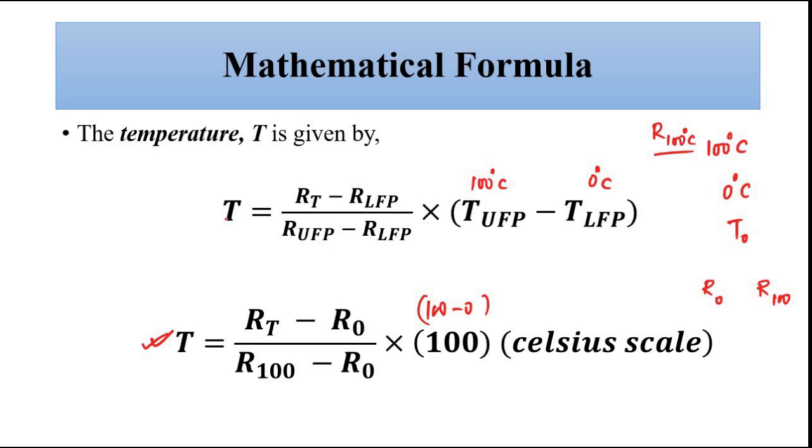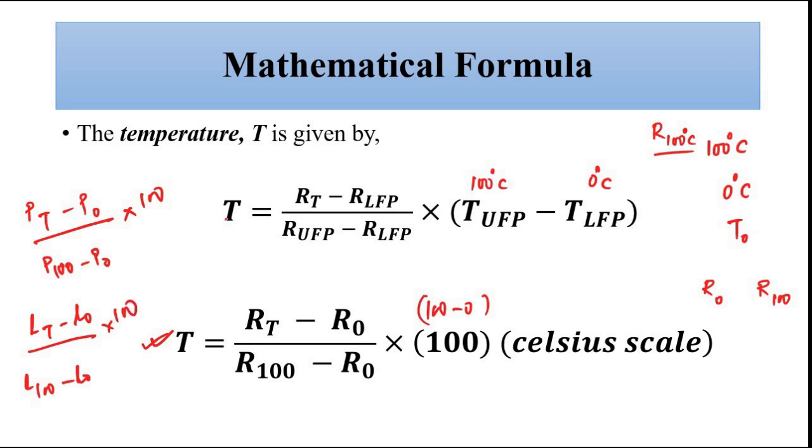We use the same format for the constant volume gas thermometer, where in place of R we had P: Pt minus P0 by P100 minus P0 into 100. In the case of liquid in glass thermometers, in place of P it was the level of the liquid, Lt minus L0 by L100 minus L0 into 100.